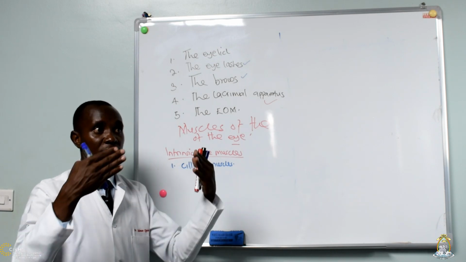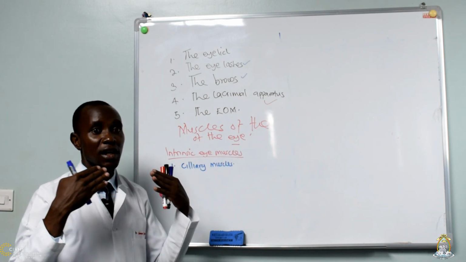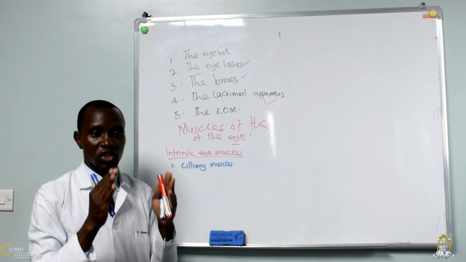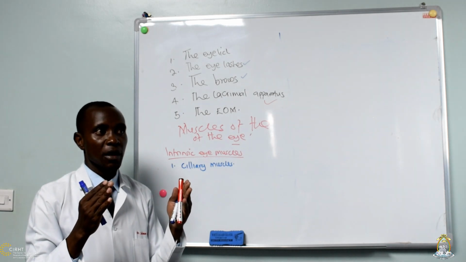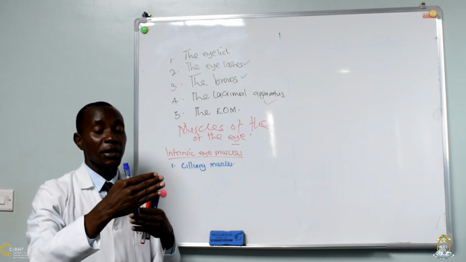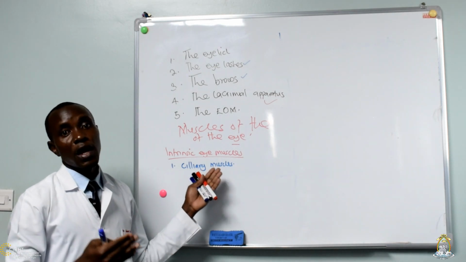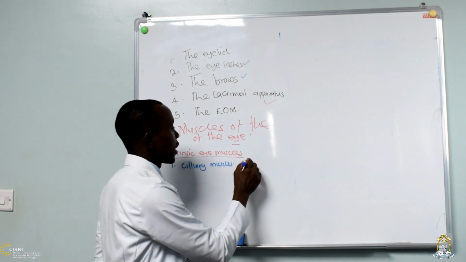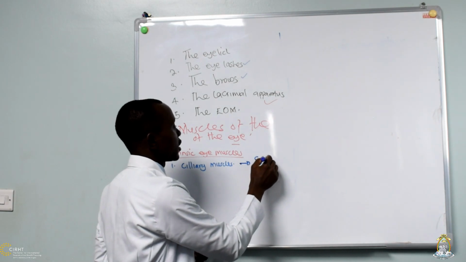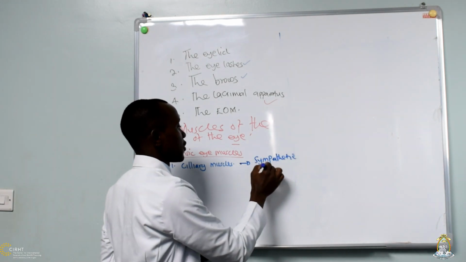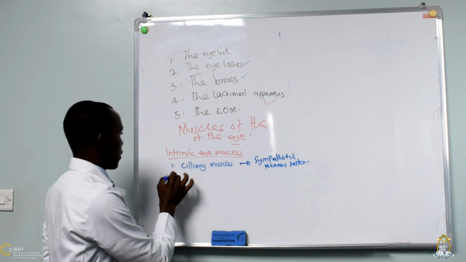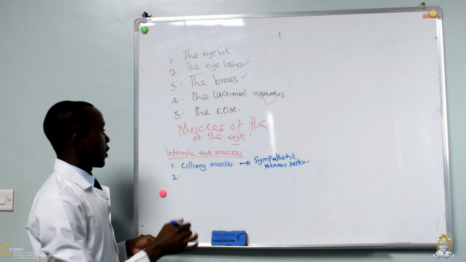Because if we are focusing from far and then short distance, the lens shape must be regulated, sometimes narrowed or thickened. And that regulation is brought about by the action of the ciliary muscle. The ciliary muscle is innervated by the sympathetic nervous system, okay?